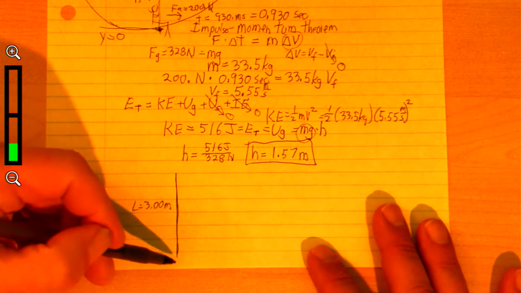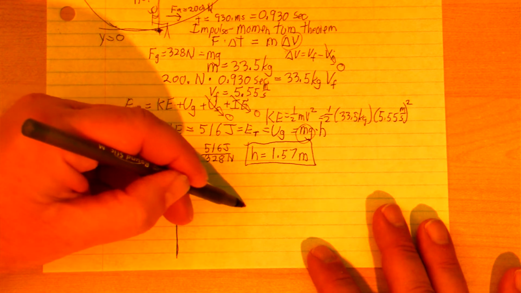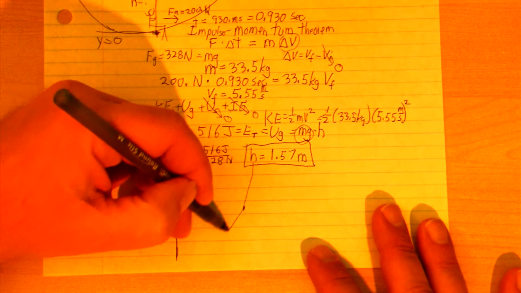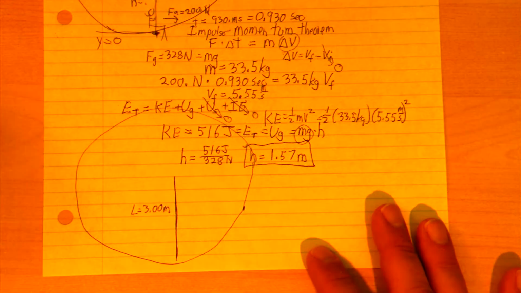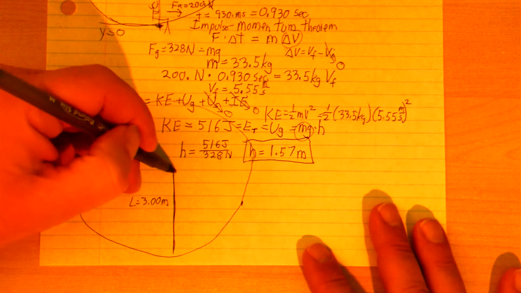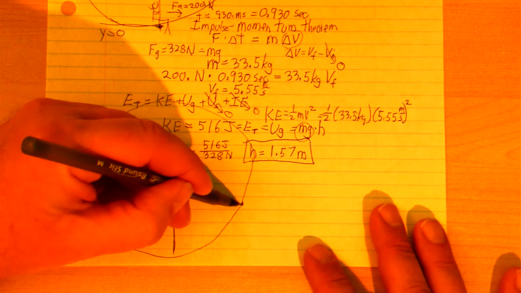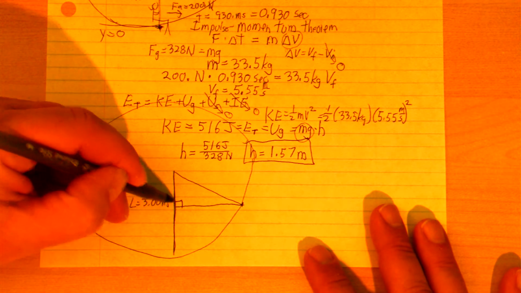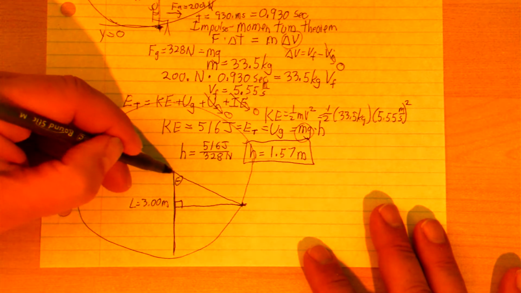After she rises by 1.57 meters, she's really going to be here. And this is all part of some huge circle, right? I could have asked you, what is the angle that her swing will make with the vertical?